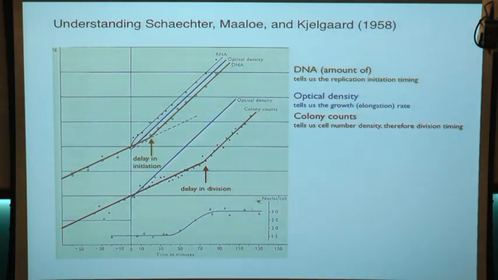The first part was the clarification about slow growing conditions and fast growing conditions, and whether the B period is actually some fundamental cell cycle stage, because in slow growing cells the B period is there, while in fast growing cells we only talk about C and D. The short answer is that as far as bacterial physiology and cell cycle is concerned, the B period is not a fundamental cell cycle stage. What is important is C, the replication, and then the gap between termination and division, the D period. Okay? So that's the first part, clarification.